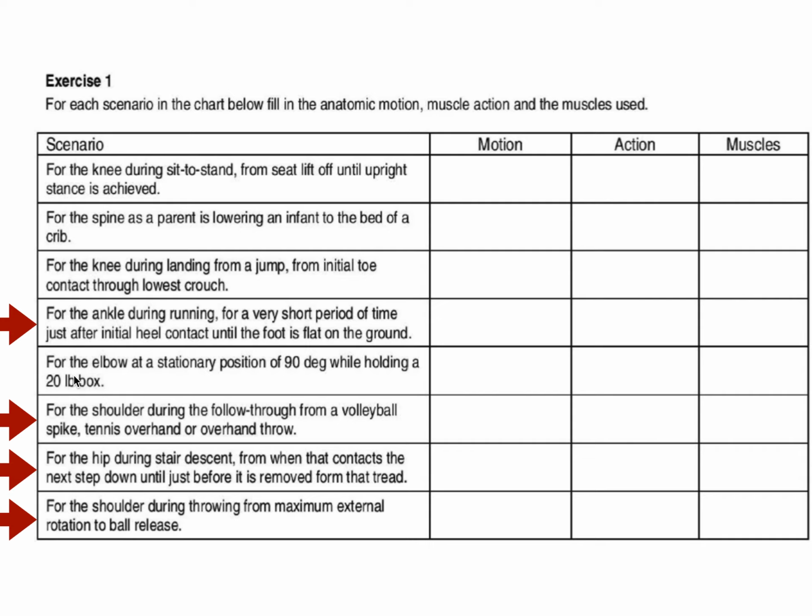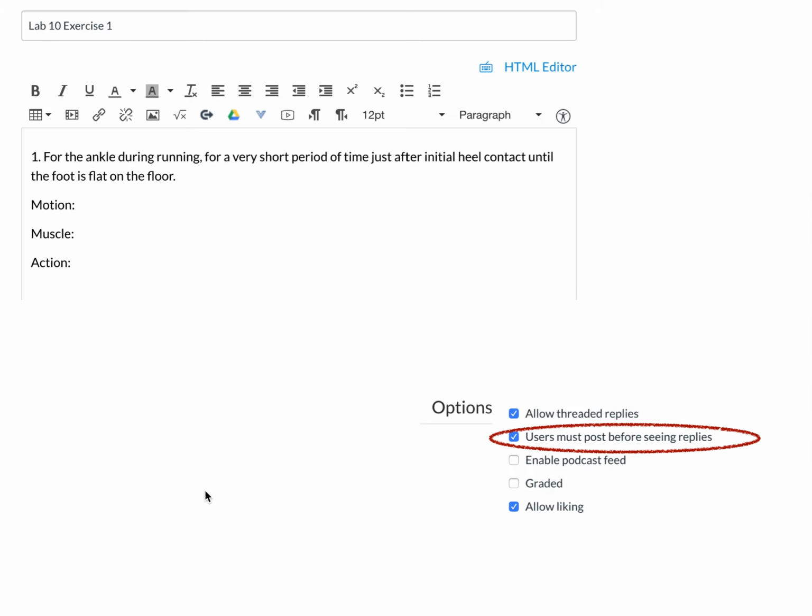I hope you guys can imagine the motion pretty well in your mind. I want you guys to discuss these 4 scenarios, and I've created a discussion session on Canvas. You can see, for this one, I put a scenario here. You're just basically going to type in the motion, the muscle, and action. You need to post your answer before seeing others.